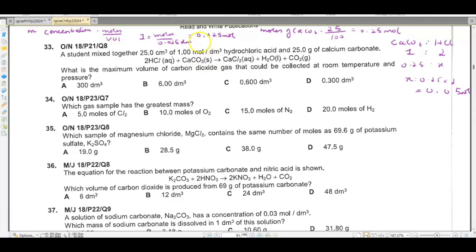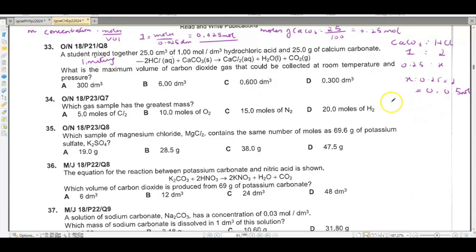Okay, now if we look at this, in the reaction, according to the statement, only 0.025 mole of HCl was present. And according to the equation, 0.05 moles of HCl was required to completely utilize 25 grams of CaCO3. So over here, we've established that HCl was the limiting reactant because it was in lesser quantity than it was required.